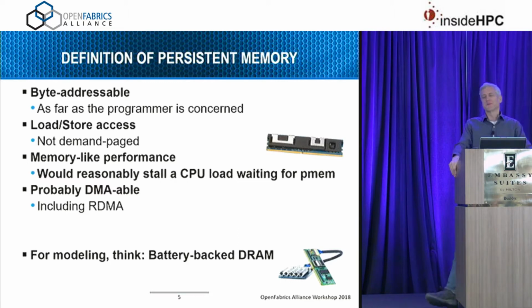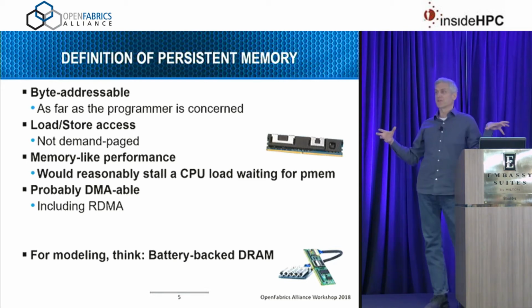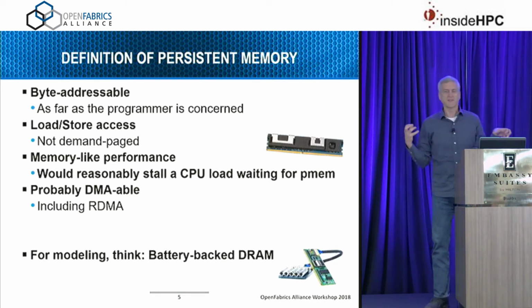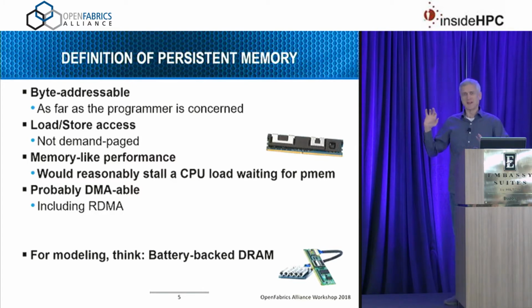And at first we started trying to say, okay, it ought to be this many nanoseconds to be considered persistent memory and so on. But there's so many ways of building something that acts like this. We decided that it was wrong for us to state specific performance values. Instead, I did this sort of, it's a little bit of hand-wavy, but it actually has worked out pretty well for us. It has to be fast enough that you would reasonably stall the CPU waiting for a load, right?